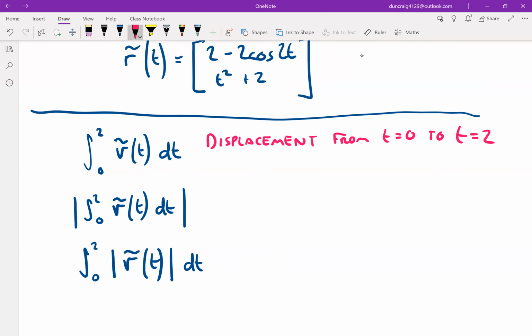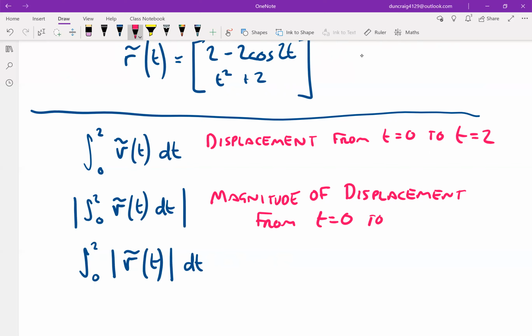In the second one we're just figuring out the magnitude of the displacement from t equal to 0 to t equal to 2. If the displacement was negative, it would just make it a positive value.